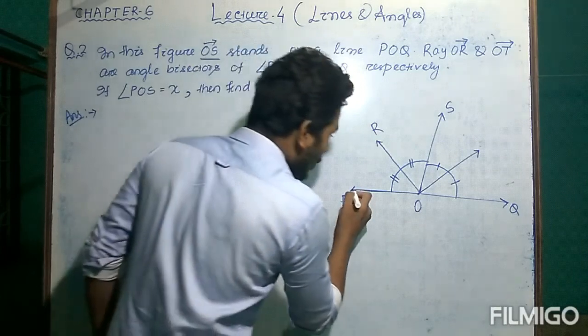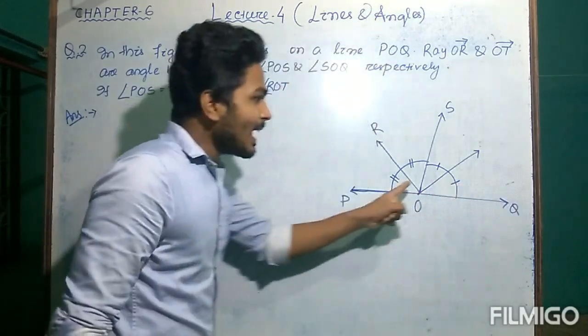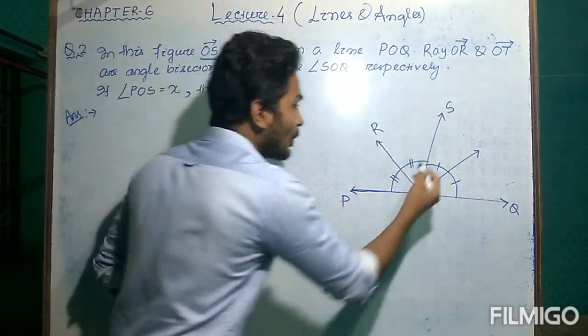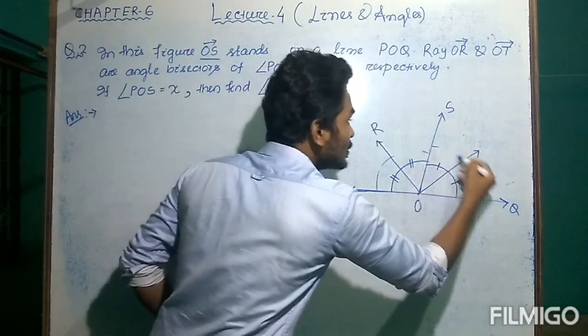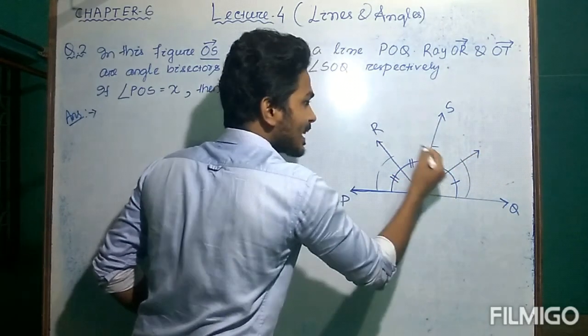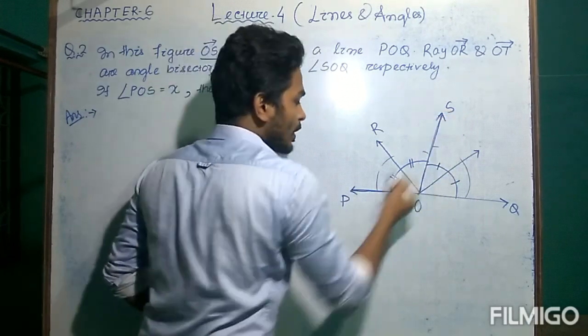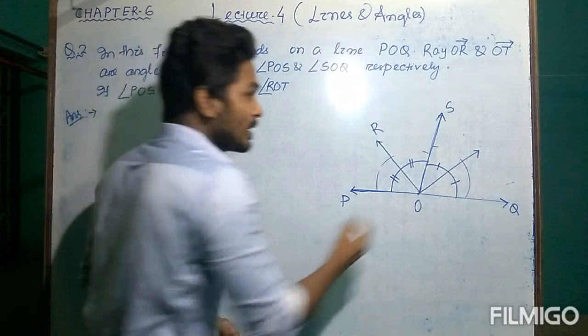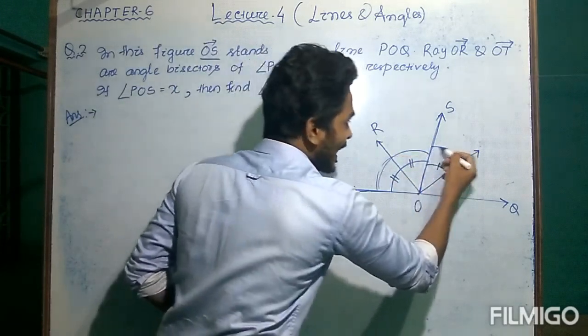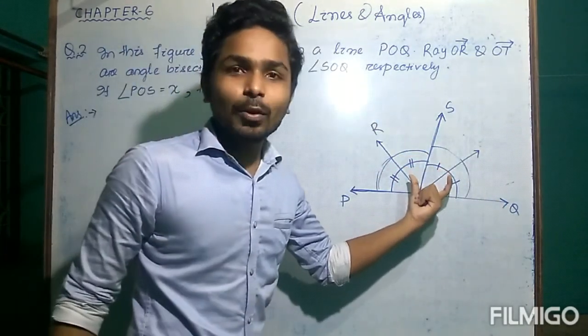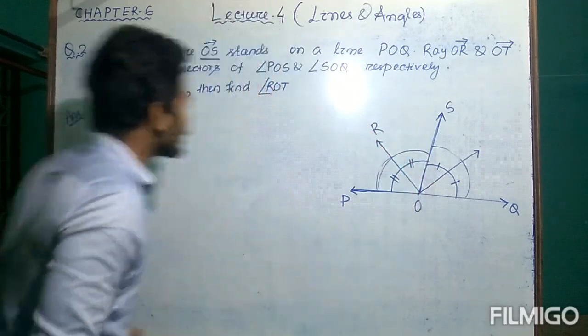Okay. So as we know, if on a straight line a ray stands on it, then how many angles are formed? 1, 2. Forget about this ray. Just consider this ray OS. This ray OS stands on the line PQ. So we have two angles, first angle and second angle. And these two angles are known as linear pair angles.